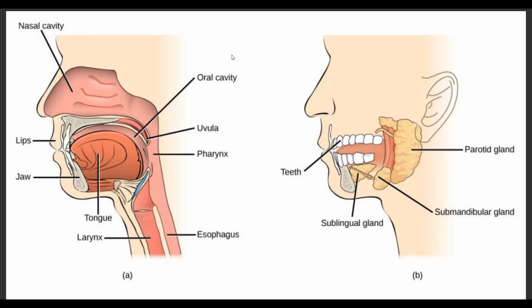Mucus is a viscous mixture of cells and slippery glycoproteins called mucins, M-U-C-I-N-S. Next point. Saliva secretion is under autonomic control.